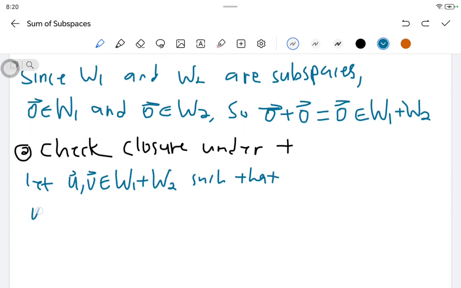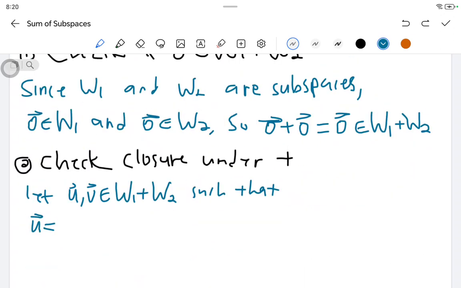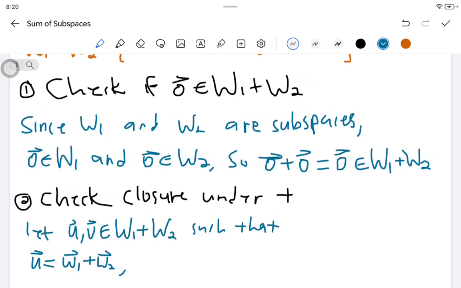So we can say such that u is equal to w1 plus w2, where w1 is an element of W1 and w2 is an element of W2 according to this definition.